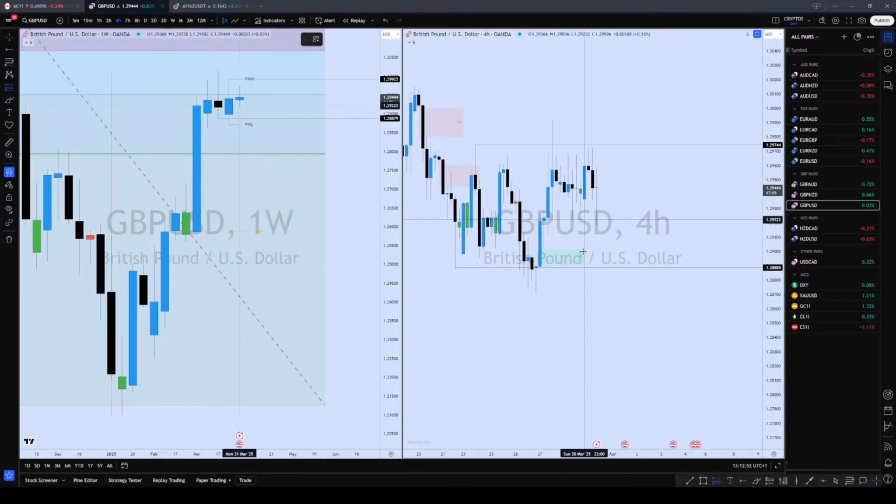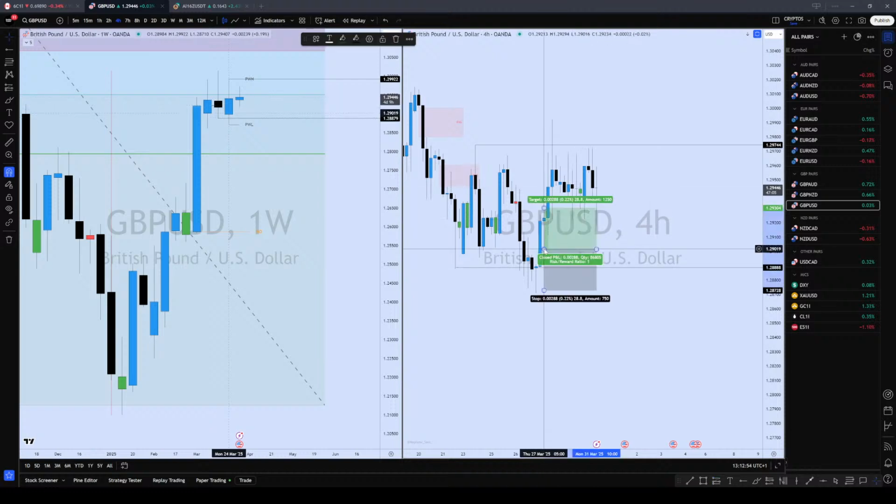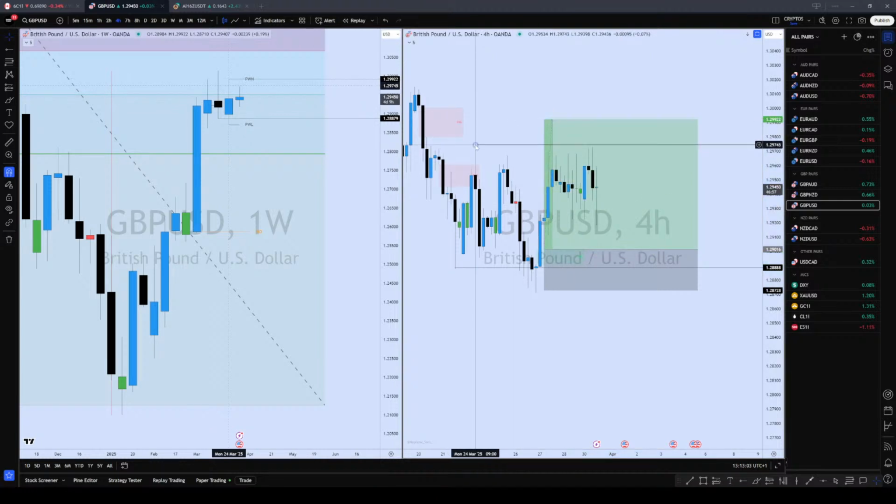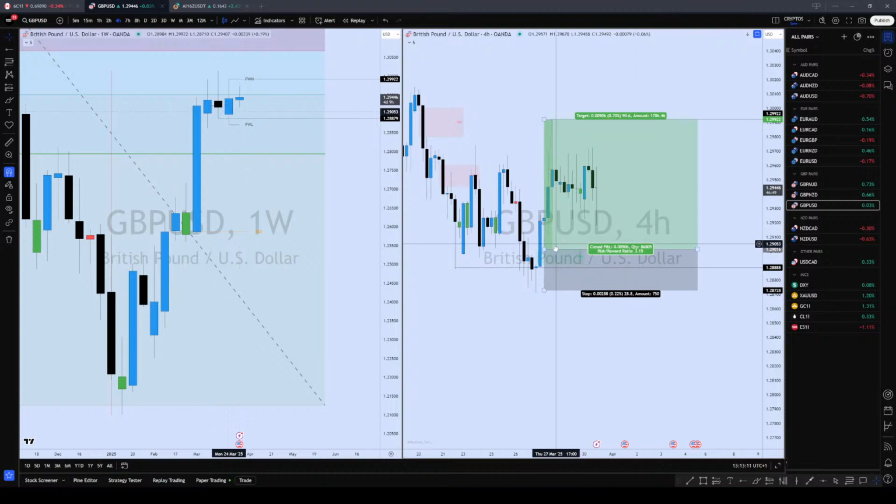You want to buy this gap and then aim for the previous week high. So we are looking for a movement here to go up there.